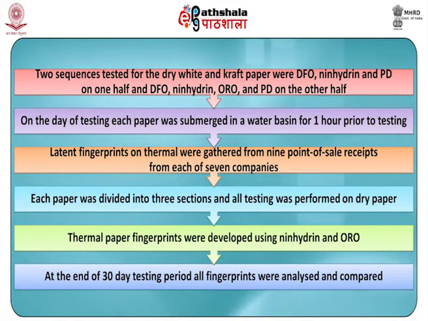Each paper was divided into three sections and all testing was performed on dry paper. Thermal paper fingerprints were developed using ninhydrin and ORO. At the end of the 30-day testing period, all fingerprints were analyzed and compared.